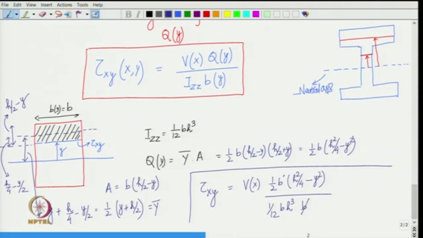So, this B cancels with this B, okay. And finally, we see that tau x y is equal to V by B h into 6 times h square by 4 minus y square divided by h square. Okay.